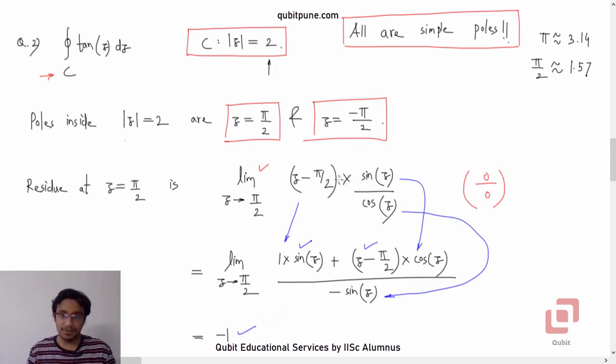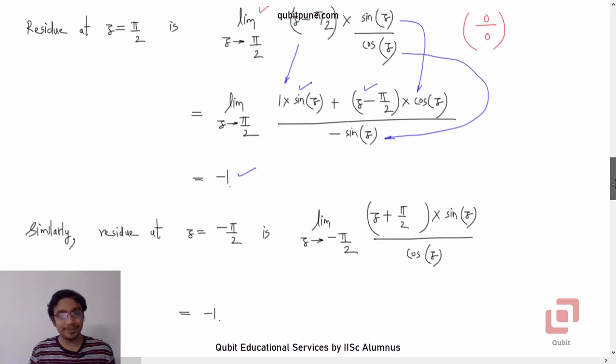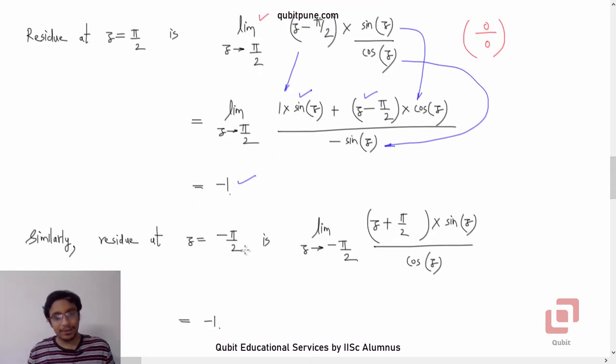Okay, and because this is, so to speak, an even function, cos is even, and the product, is it even? Well, let's find out. Yes, you can find the residue at z equal to minus pi by 2. So this time you are required to multiply the function not by z minus pi by 2, because z naught itself is minus pi by 2, it will be z plus pi by 2.